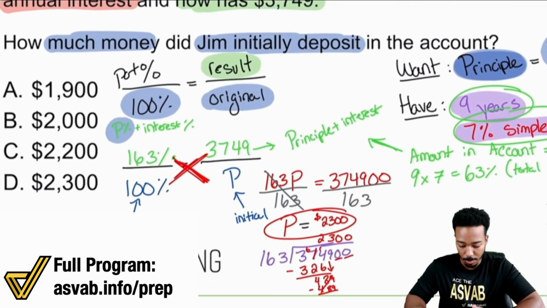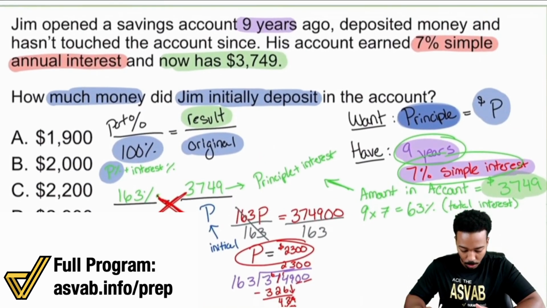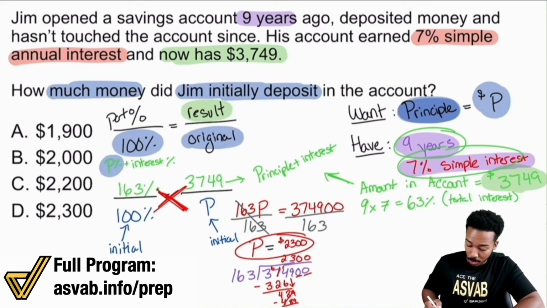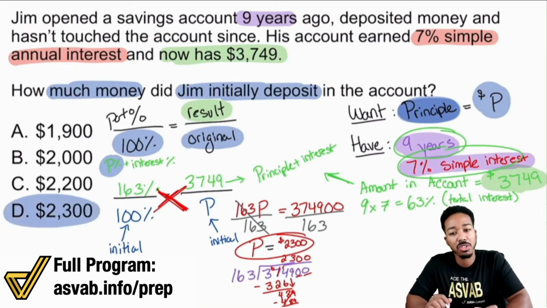And I empathize with you if you believe that too. But again, the point of all of this is to show you how you can use a proportion here with percents to get simple interest problems done nice and easily. Super easy. You can actually use this to go forward as well as backwards. But notice how we got 2,300, and that would be the answer choice D, and we're good to go.